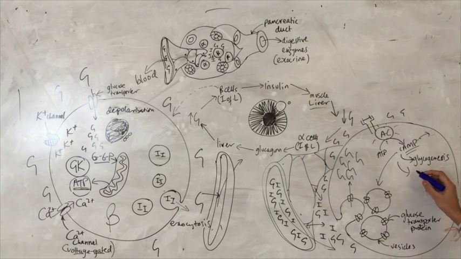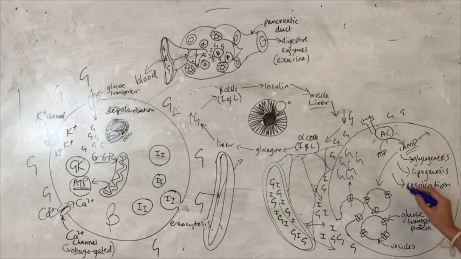Some of it will be used to make fats in a process called lipogenesis. Okay, right? I think I'm missing something out. But anyway, oh yes, and also respiration. Okay, glucose can also be used up in respiration.